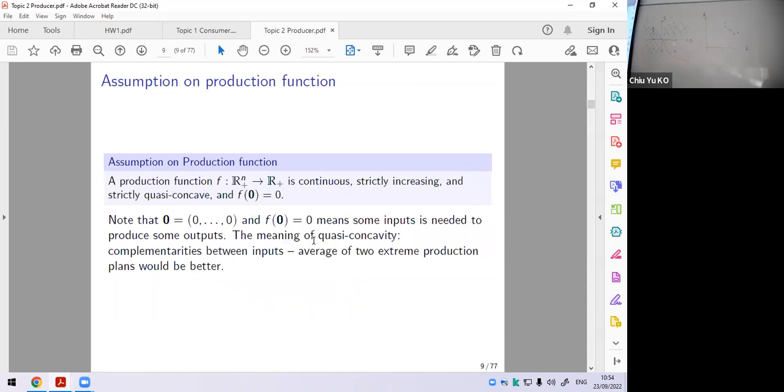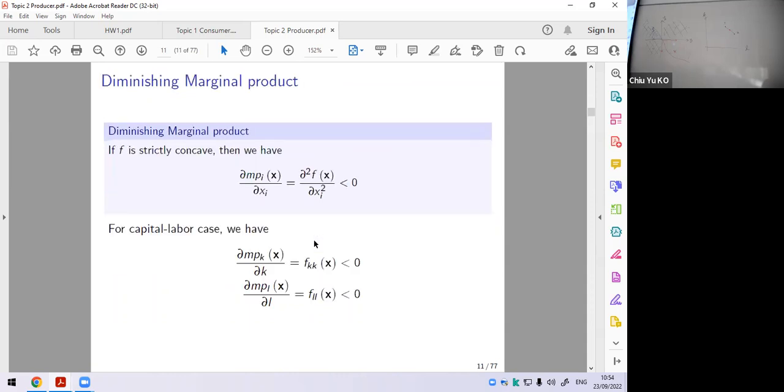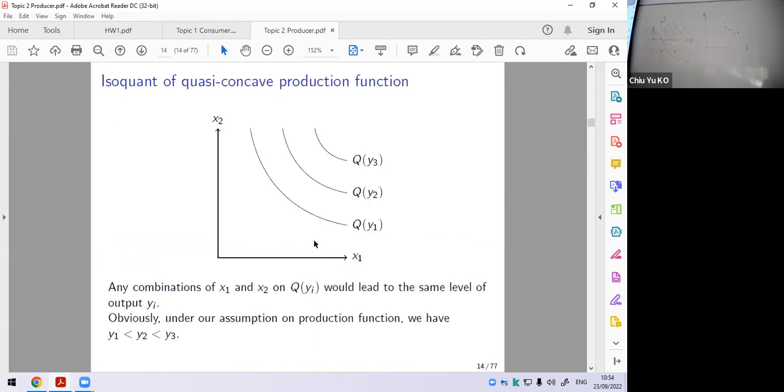Same as the idea of monotone preference, the isoquant is always a line. It cannot be a fixed line. Is that clear? There's no fixed line because of the strictly increasing assumption. So this is the graph, right? X1, X2. The higher you go, the better, because we assume strictly increasing.